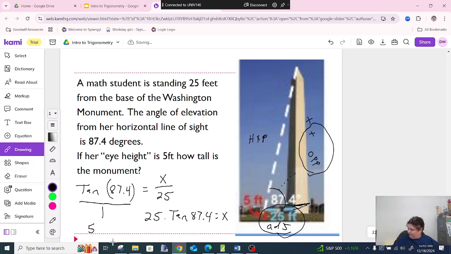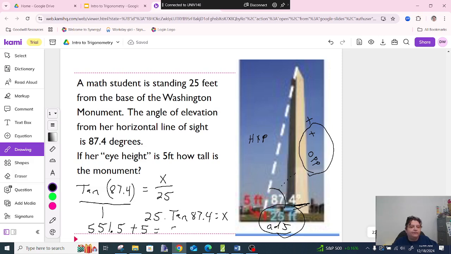I still couldn't hear you because of that darn phone. 551. Did it have a point to it? So I'm going to put 0.5. And then you have to add her eye height to it. So you're going to add that 5 feet of her eye height.